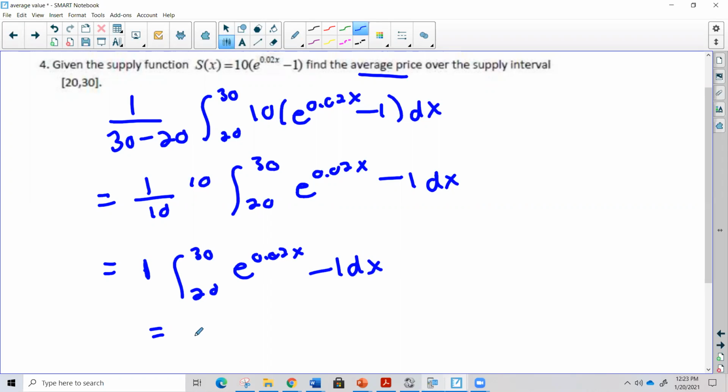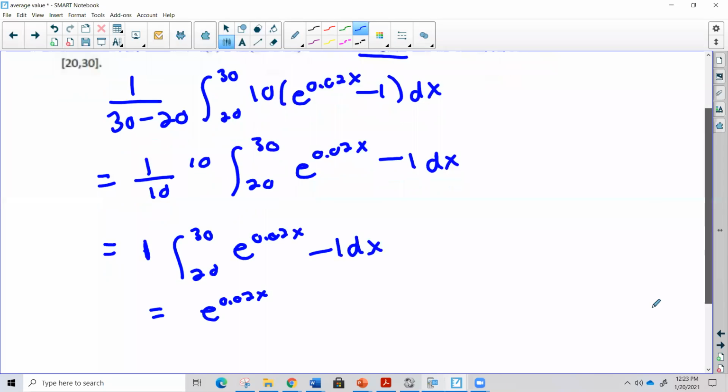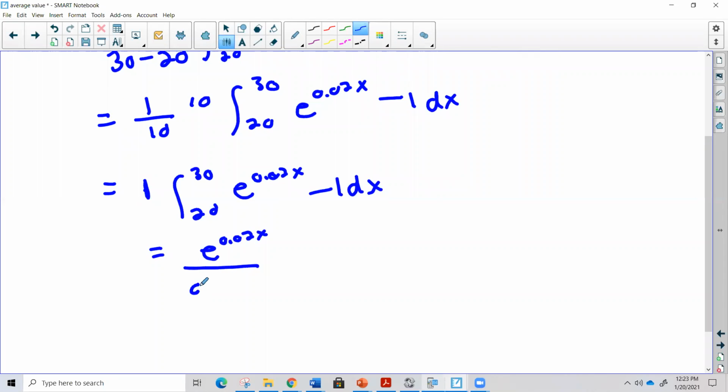Okay, so if I simplify this, the integral of e to the 0.02x is itself, and then I'm going to divide by that derivative, so it's over 0.02, minus the integral of 1 is 1x or x, from 20 to 30.